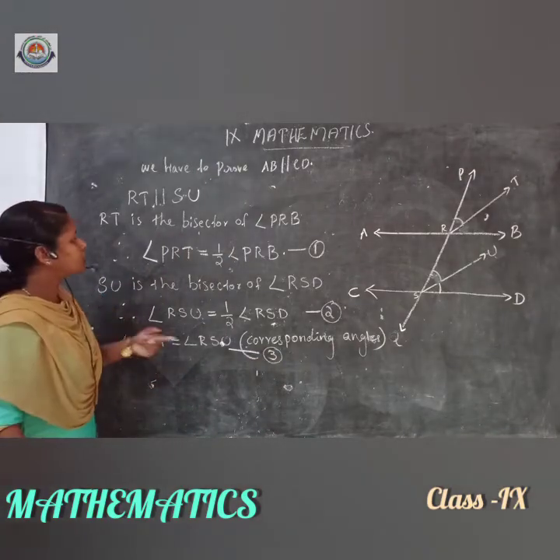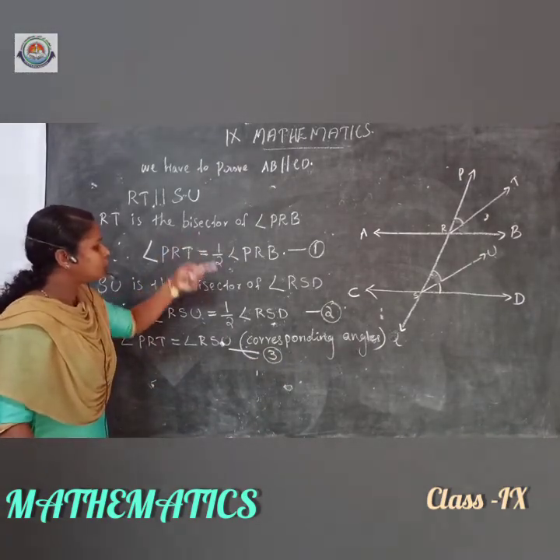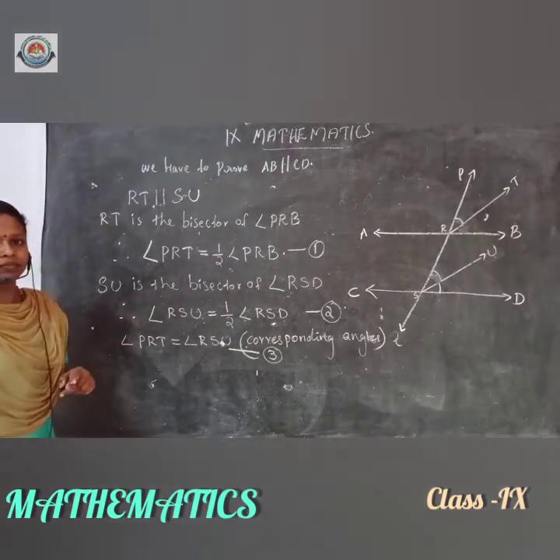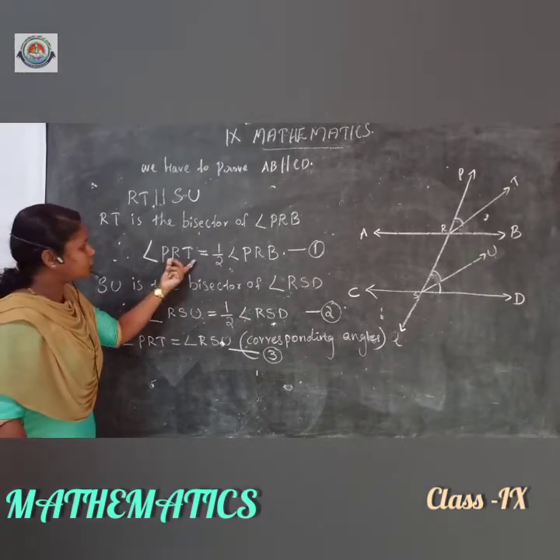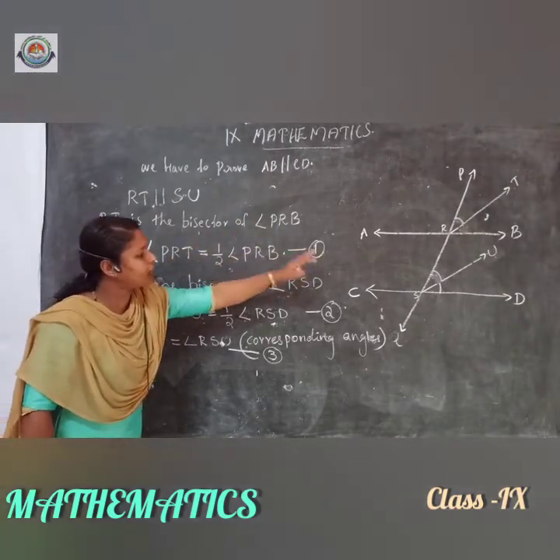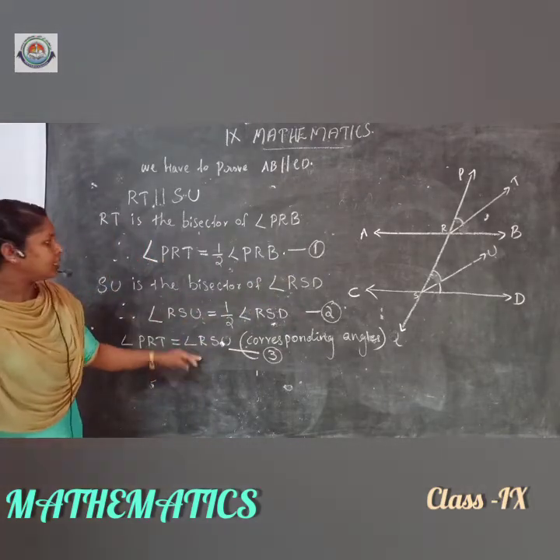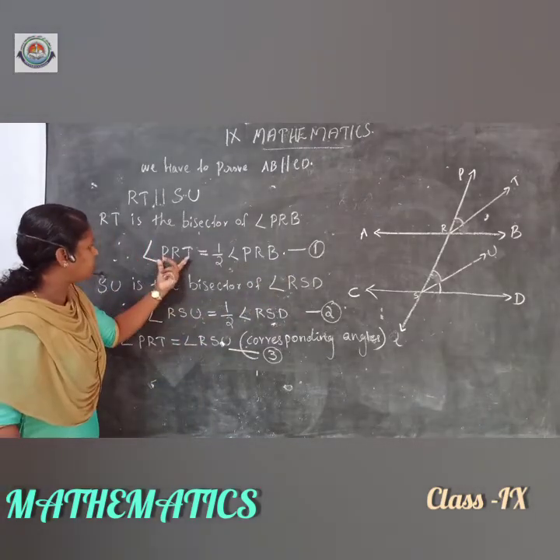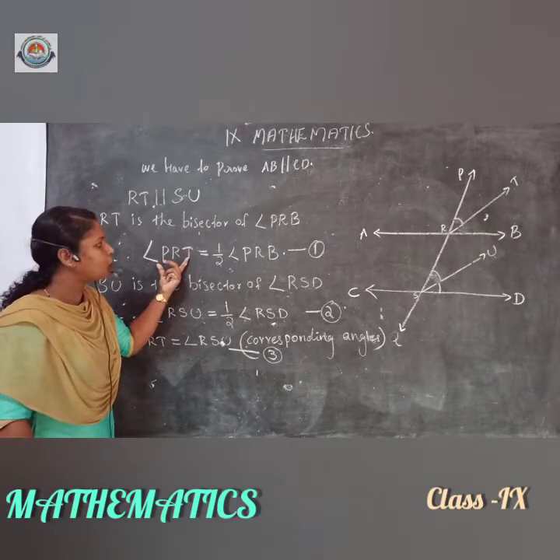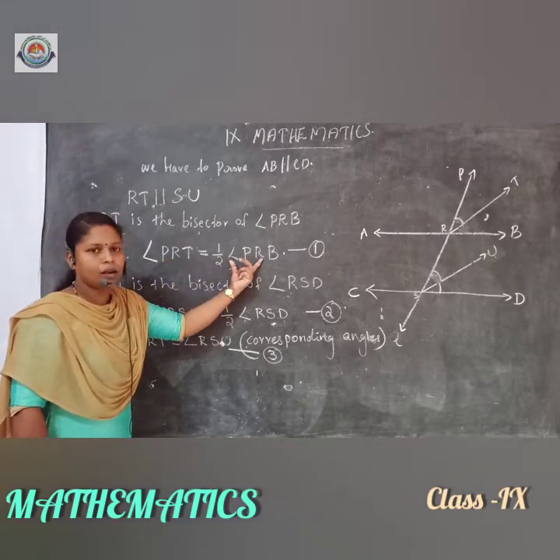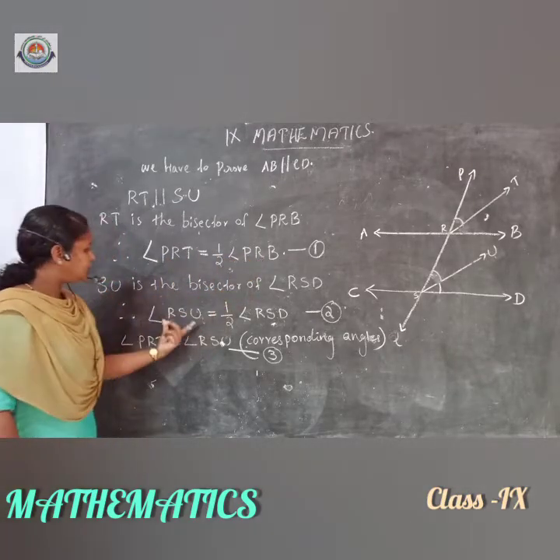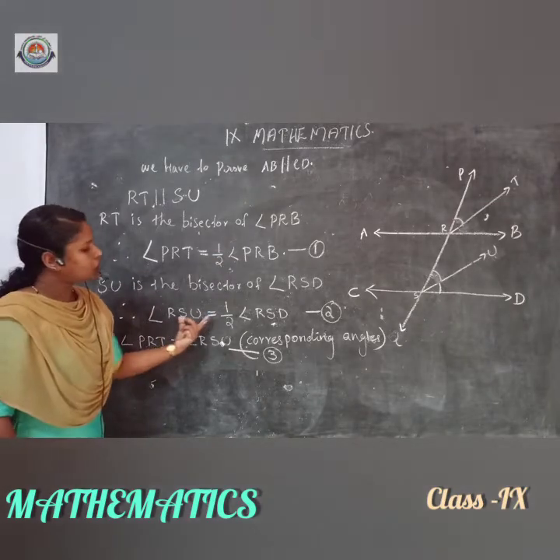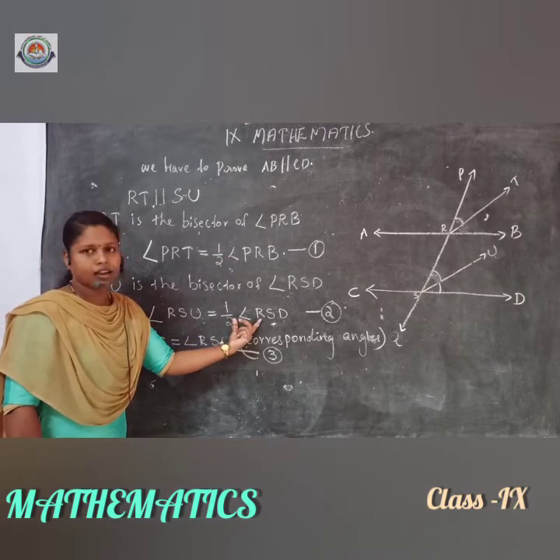Okay, so using equations 1, 2 and 3, we can substitute equations 1 and 2 in 3. That is, this angle PRT is equal to half into angle PRB, and RSU is equal to half into angle RSD.